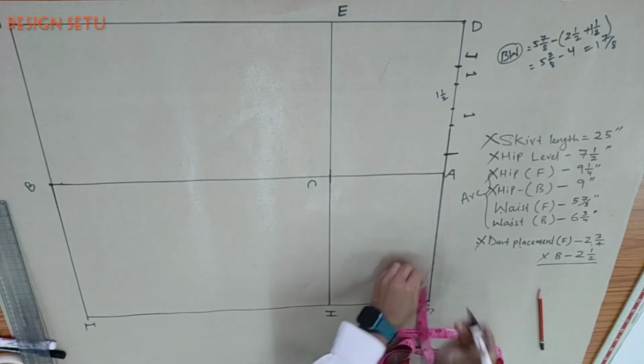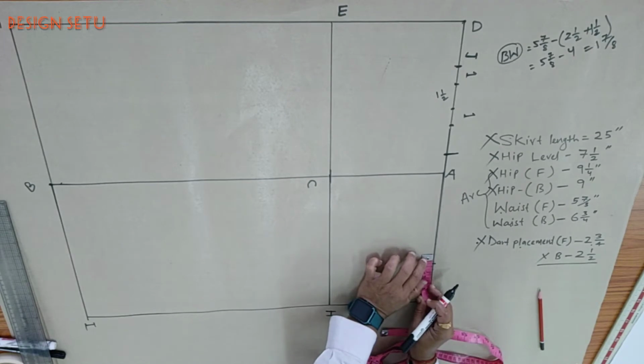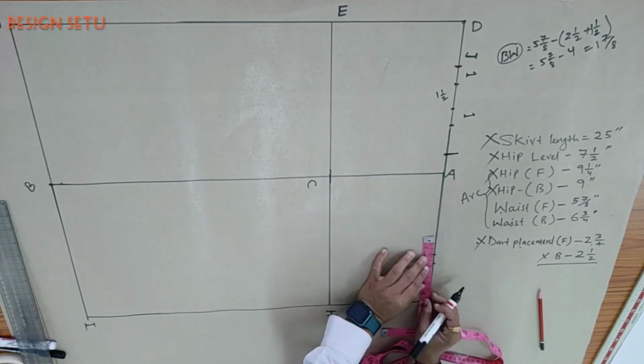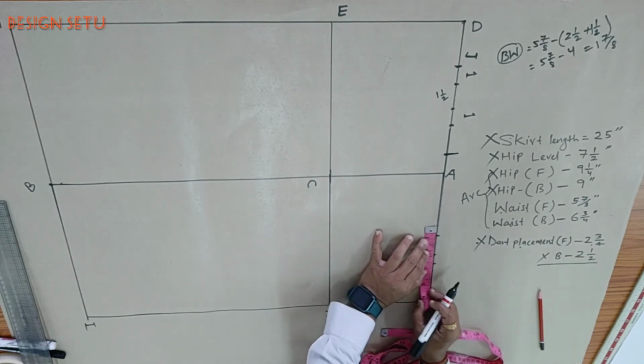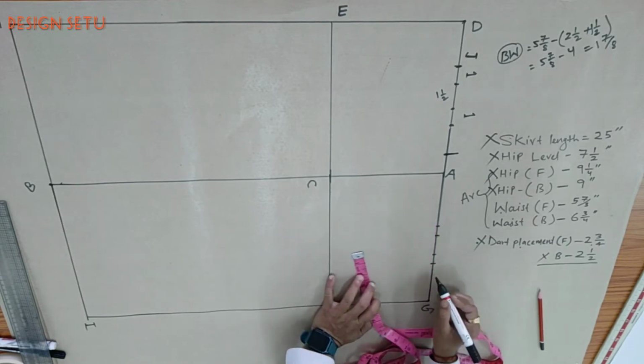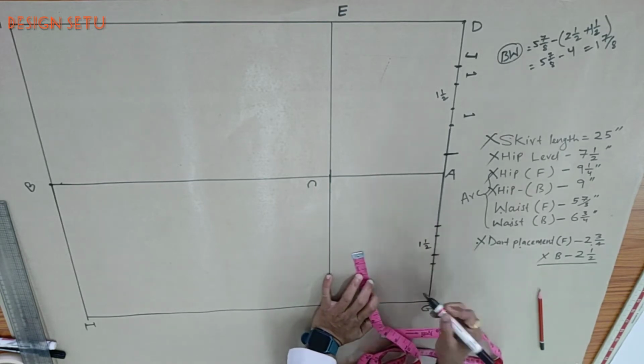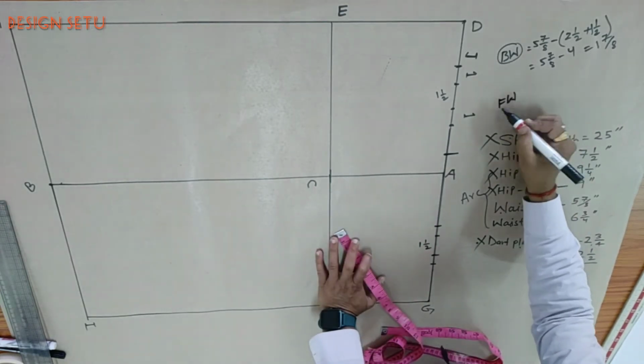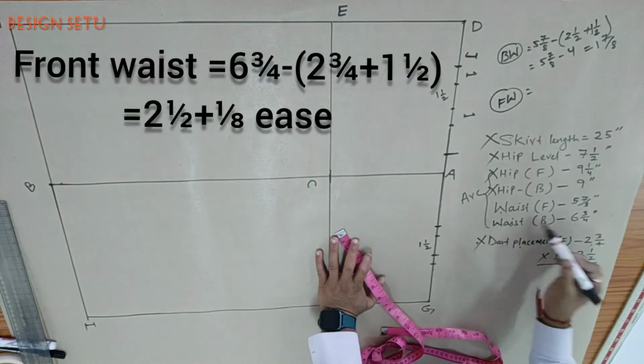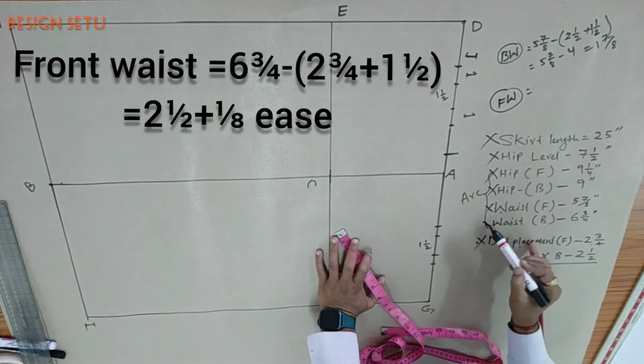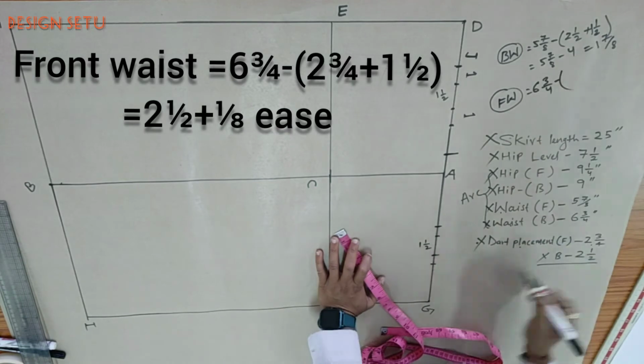Now from G mark the dart placement, which is 2 3/4, and 3/4 of an inch for the first dart. Give a gap of 1 1/2 and again mark the second dart, which is 3/4 of an inch.